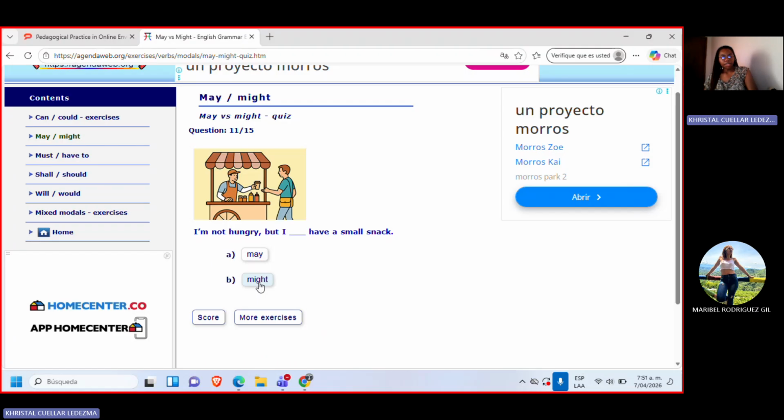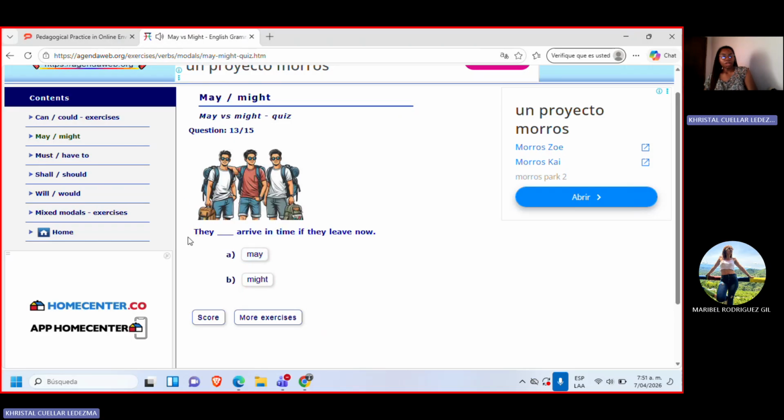Now we go ahead. This one. I'm not hungry, but I may have a small snack, or I might have a small snack. Be careful, the dog may bite you, might bite you.